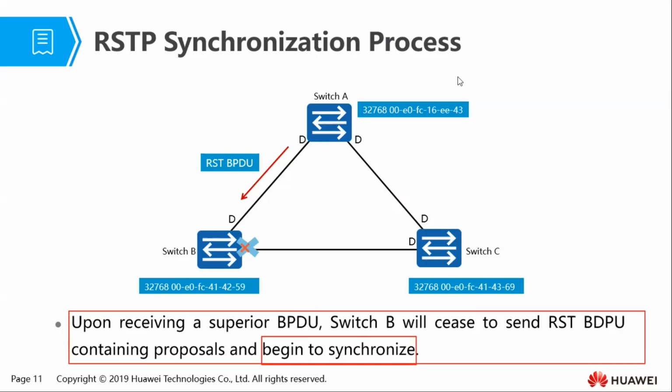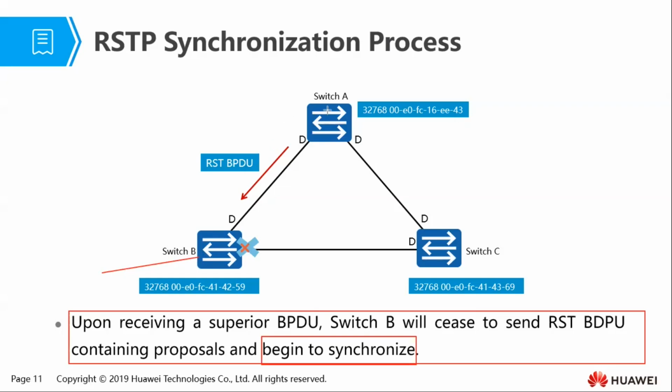However, if we have an alternate port or an edge port, the port role of the edge port or the alternate port will remain unchanged. So for example, if we have a port that is connecting to an end device here, this port role will be forwarding, because if it's an edge port, it will be forwarding, it will not be blocked.